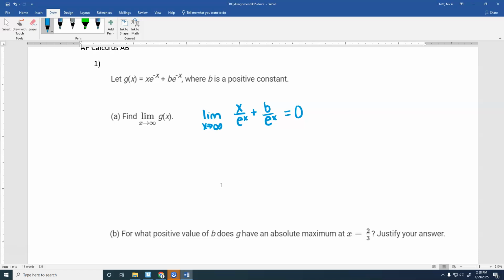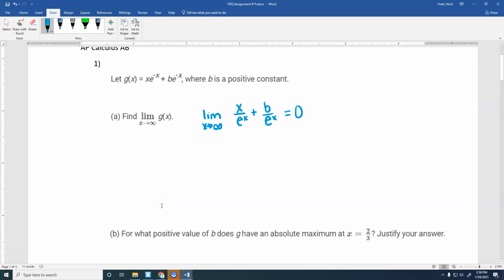Hopefully it only switches one time here, because if it does more than once, we're going to have some trouble proving its absolute maximum. So we need a derivative, set it equal to 0, find some critical points, and think about a maximum.